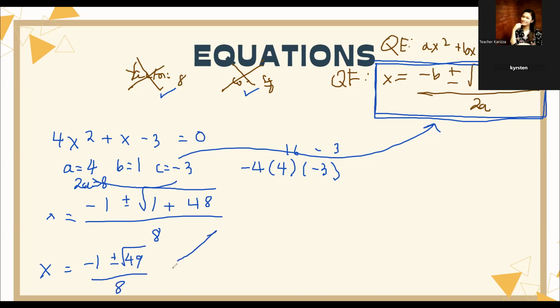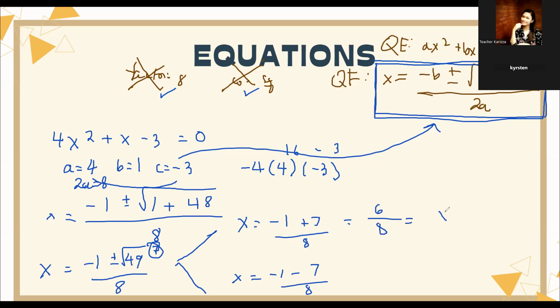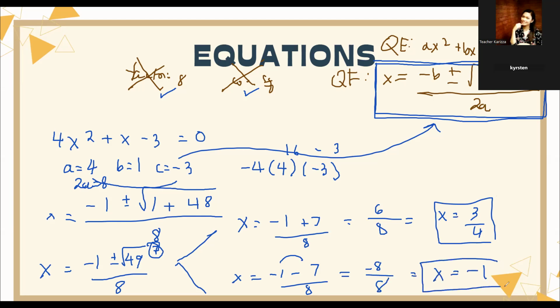So our two values, the square root of 49 is 7. So x is equal to negative 1 plus 7 over 8, and x is equal to negative 1 minus 7 over 8. So this is 6 over 8, x is 3 over 4. Then we have negative 1 minus 7 is negative 8 over 8, x is negative 1.